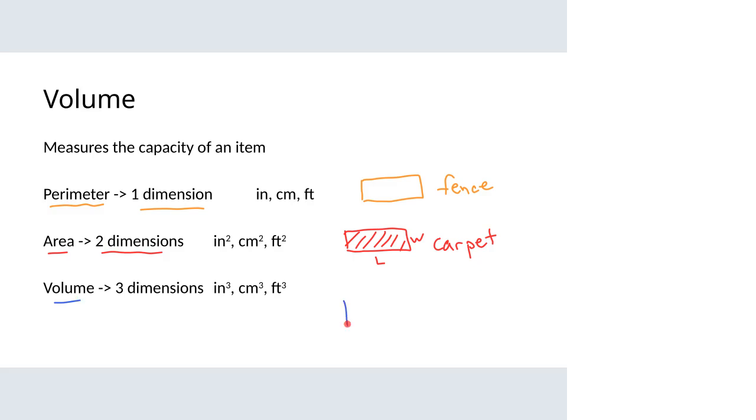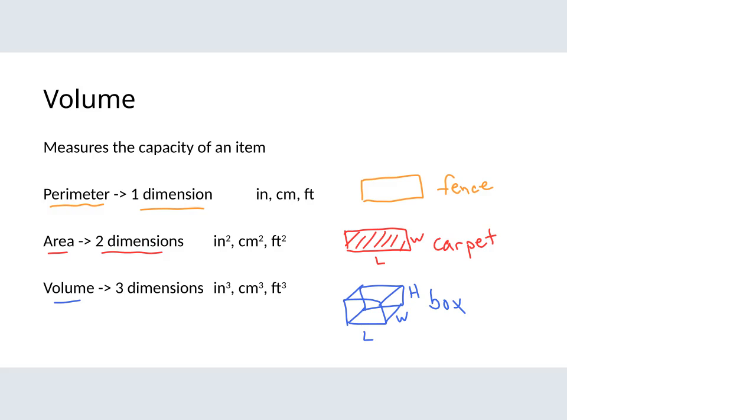And now the new thing we'll look at today is volume. With volume, now we're not going to talk about two dimensions anymore. We're going to talk about three dimensions. So what I want you to think of for volume is a box where we have length, width, and height. And when we're talking about the volume, it's how much stuff would fit inside there.